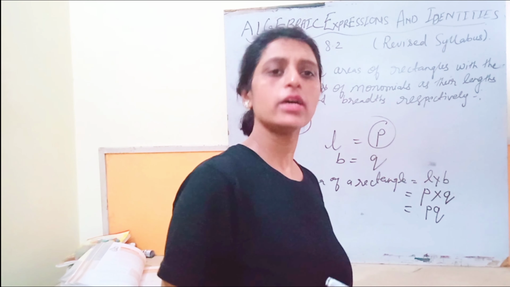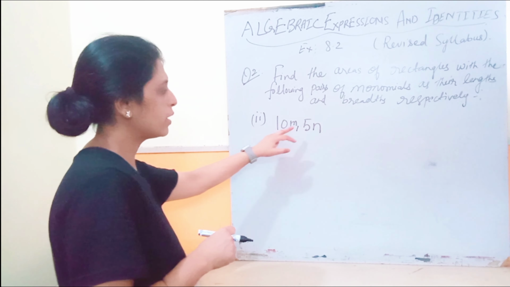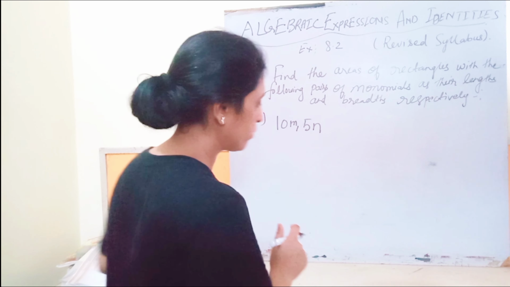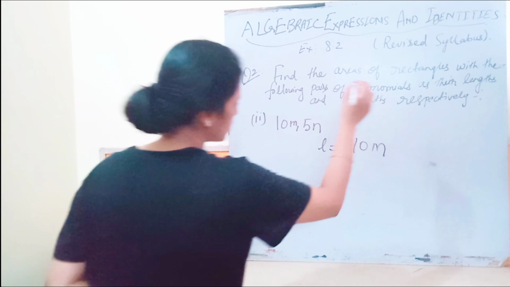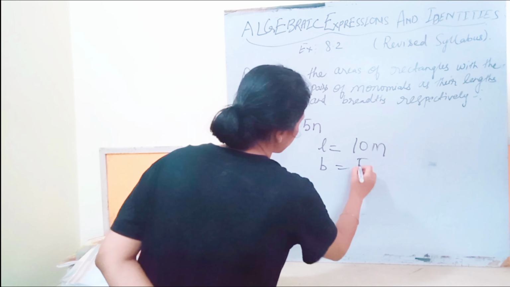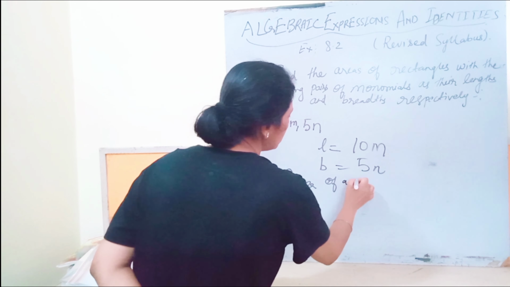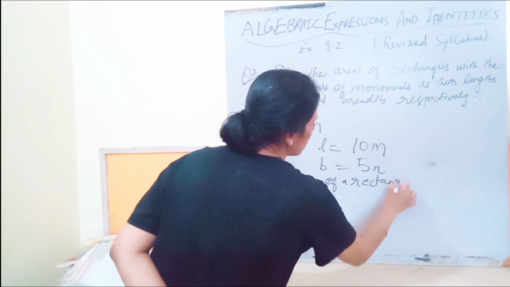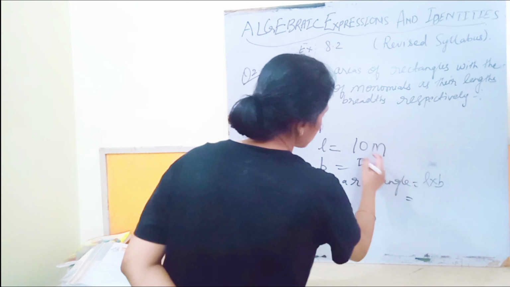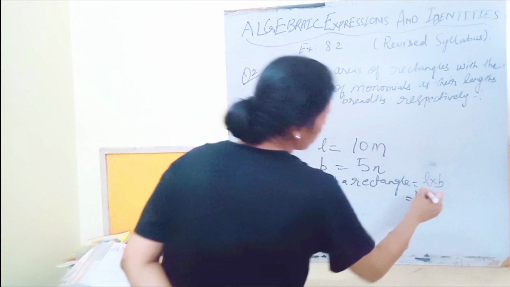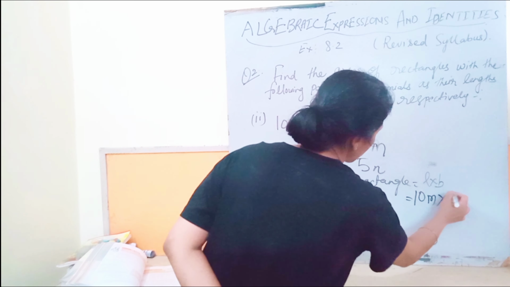Now come to the second part. The second part is length is 10m and breadth is 5n. So you should specify like this: L is 10m and your breadth is 5n, and you know that area of a rectangle is L into B. So in the L space you will write the monomial 10m multiplied by the breadth, and breadth is given as 5n.